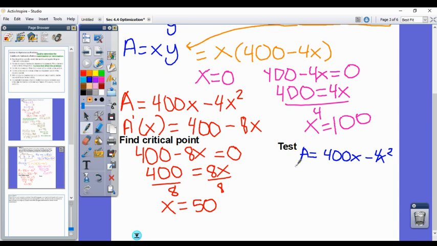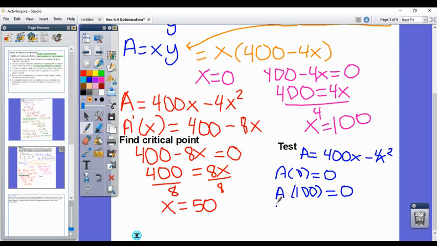Okay, so I'm going to plug in 0, and if I plug in 0 for x, I'm going to get 0. If I plug in 100, I'm going to get 0, and that makes sense because we set our original area function equal to 0 to solve.